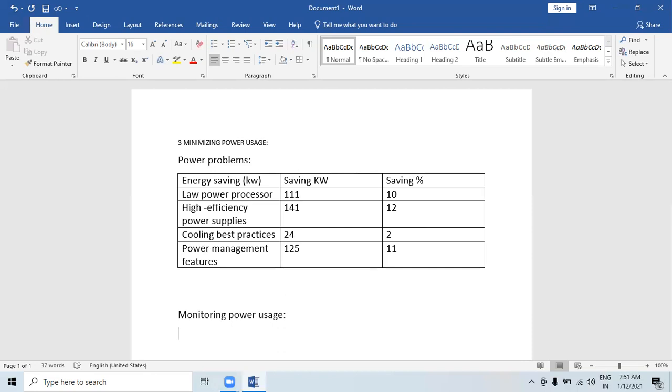Then we decide to implement a plan where lighting automatically turns off, so we could get as small as directing laptop and cellular phone users to disconnect their chargers from the wall when they are not using them. So this is all about monitoring power uses.